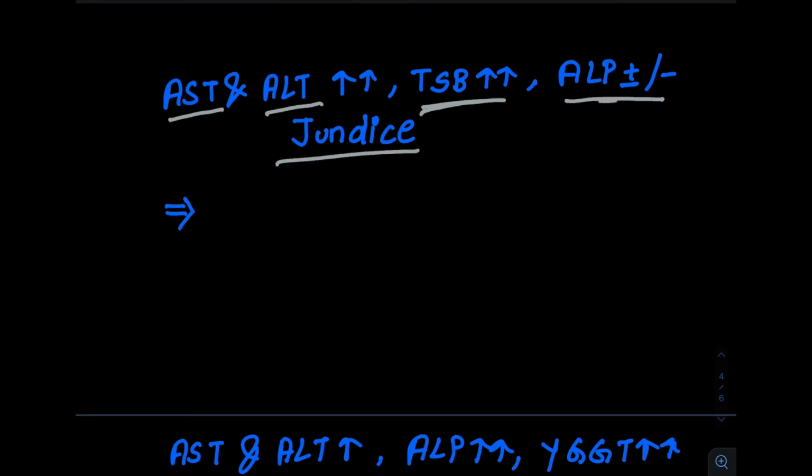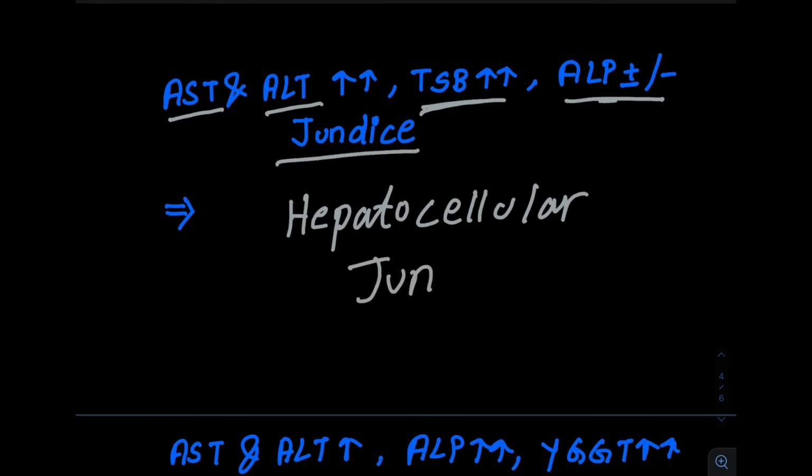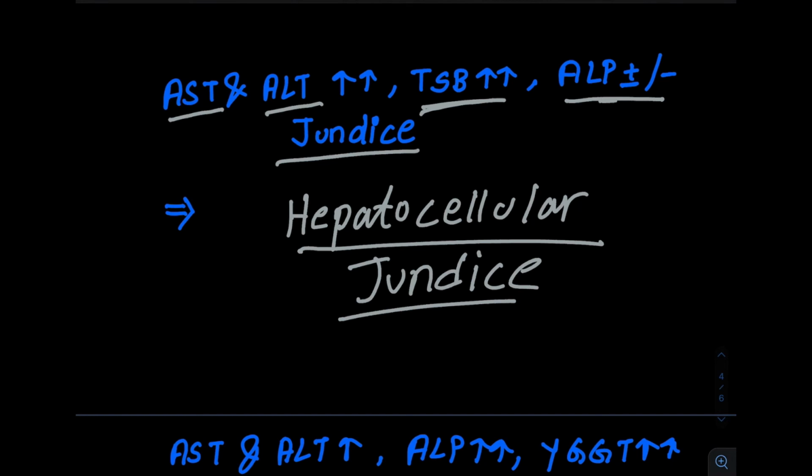This accounts for hepatocellular jaundice, because there is a rise in AST and ALT. ALP is normal or slightly raised. This is a very important concept to take care of.